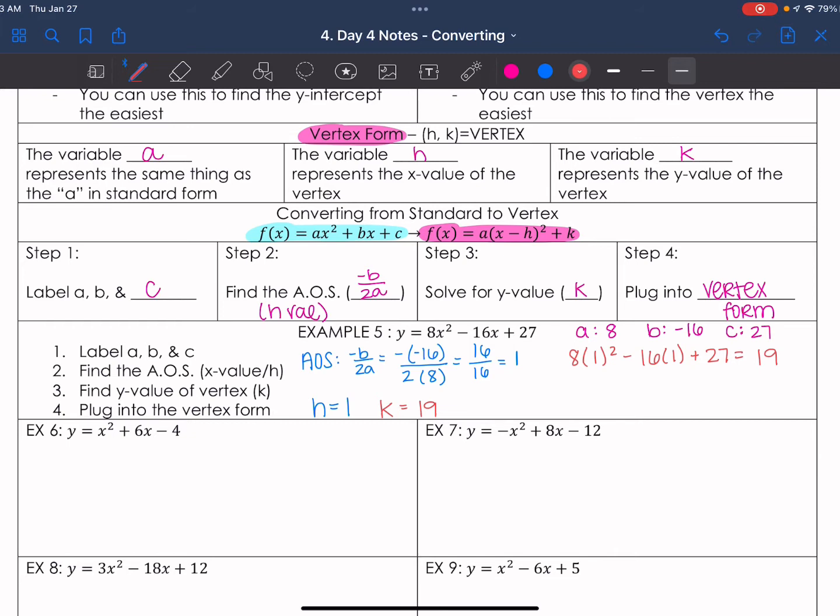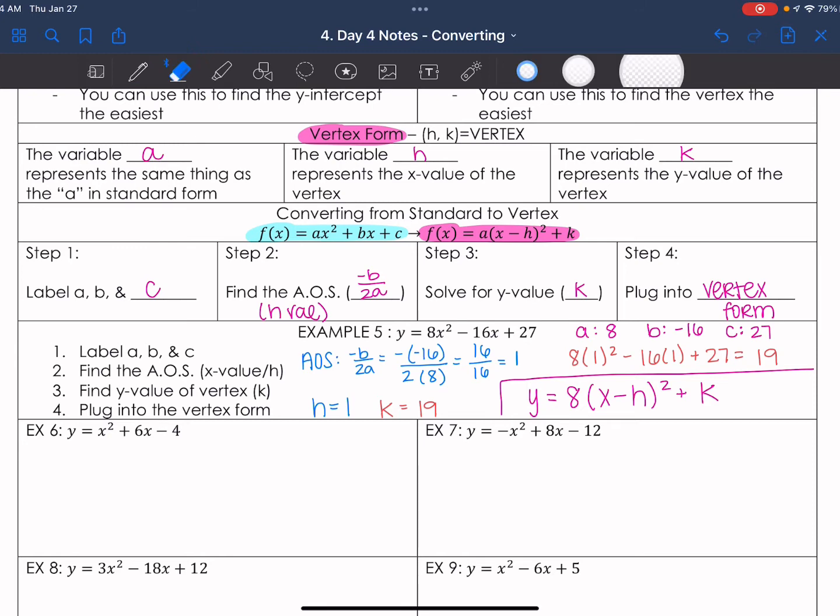Now, last but not least, to finish out this problem, we just plug it into vertex form. So vertex form is y equals a times (x minus h) squared plus k. We'll replace my a value with what it is from my original equation, which is 8.